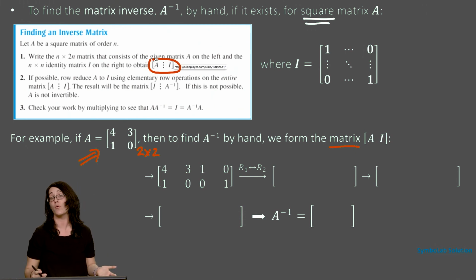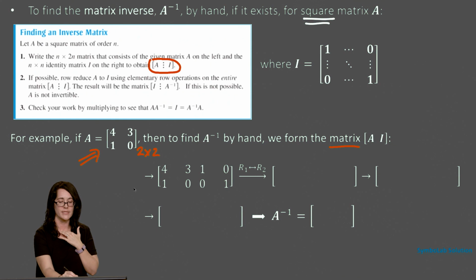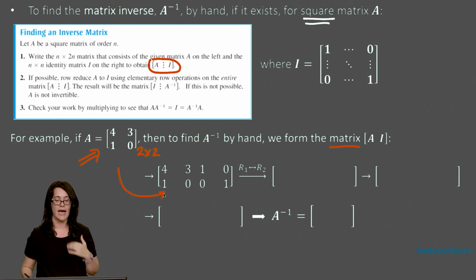Now, we've done that before. It might sound familiar to you when we did Gaussian elimination, where we were trying to get REF form with 1s on the diagonal and the 0s below. We would have put the matrix on the left, and then we would augment it with the constant matrix. Similarly, we begin by putting matrix A on the left. So we have our 4, 3, 1, 0 on the left side of the matrix. I usually put a little line there to indicate that I've augmented it.